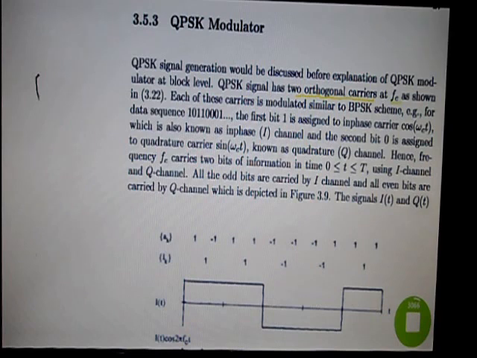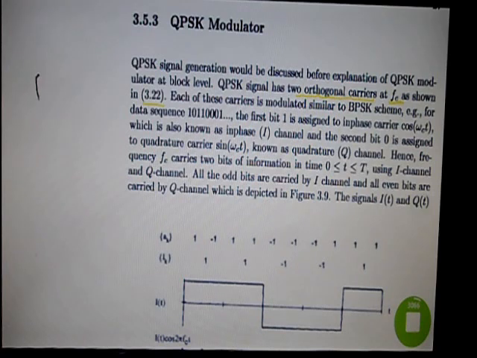And both the carriers are at Fc, which we just saw: cos of 2 pi Fc t, and sine of 2 pi Fc t. So we have 2 orthogonal carriers, and it is shown in equation 3.22.